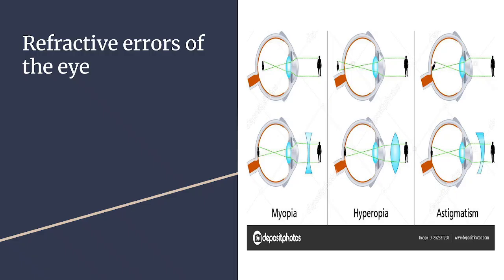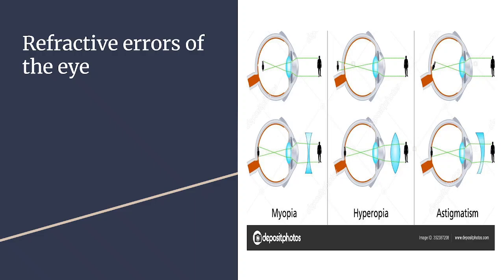So it is a form of refractive error, as you can see in this picture. A myopic eye means that the light is focused in front of the retina, not on the retina itself, as a result of which an individual has nearsightedness.